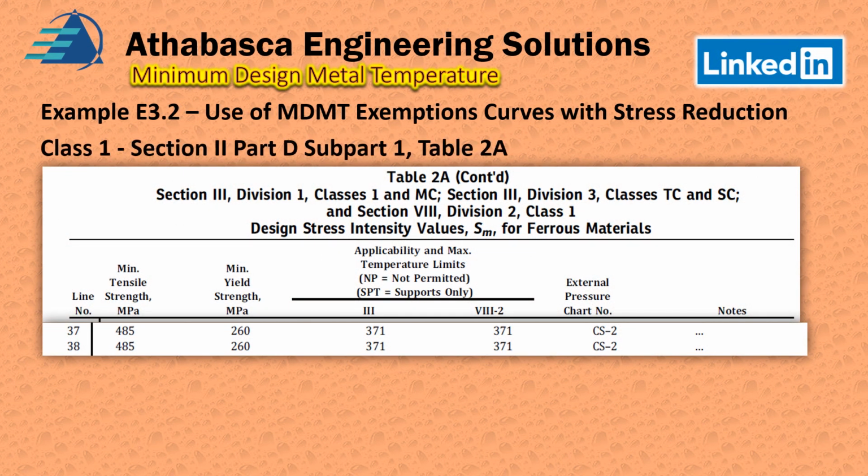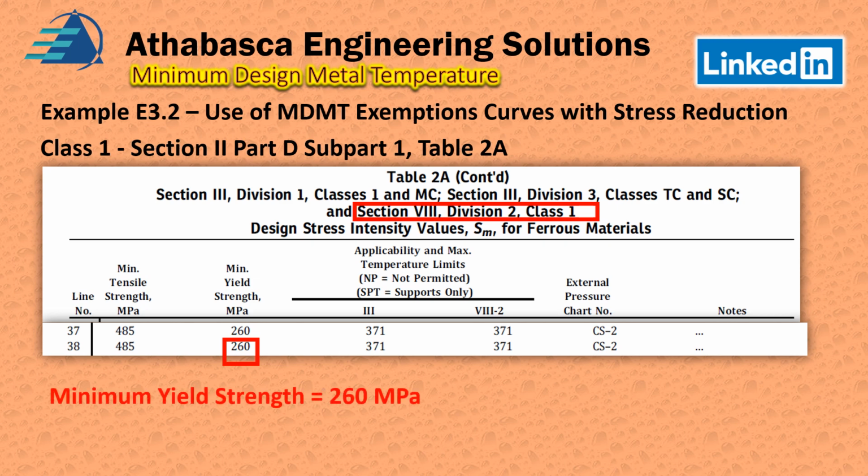So let's take a look at Table 2A. In this case, we're looking for a Section 8 Division 2 Class 1 design. We looked up the material from the previous pages on line 38, and we get the minimum yield strength of 260 megapascals.